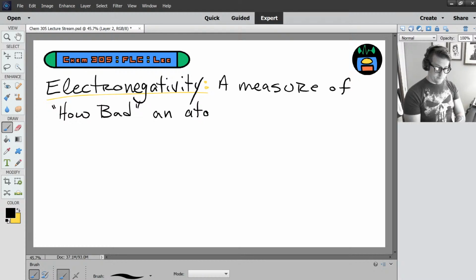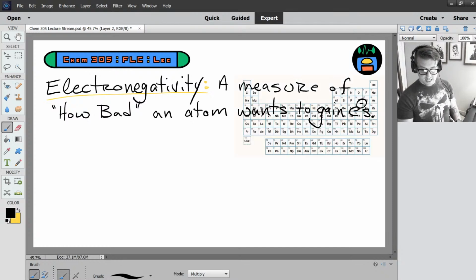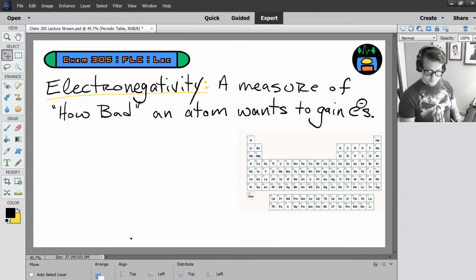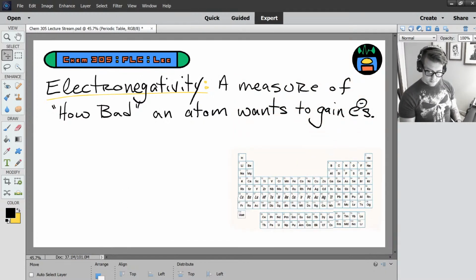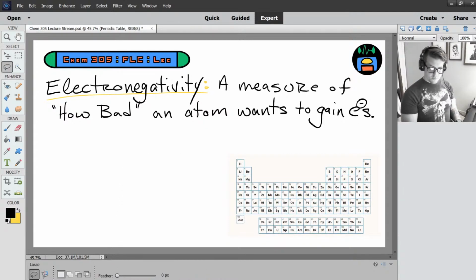an atom wants to gain electrons. It's a measure of how badly an atom wants to gain electrons. And if we look at our periodic table, electronegativity actually trends along the periodic table like so.